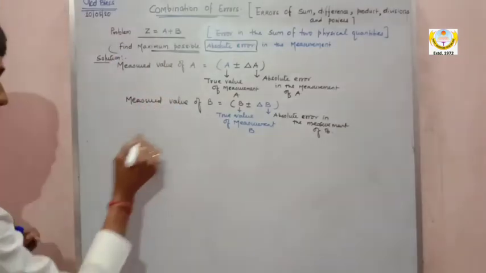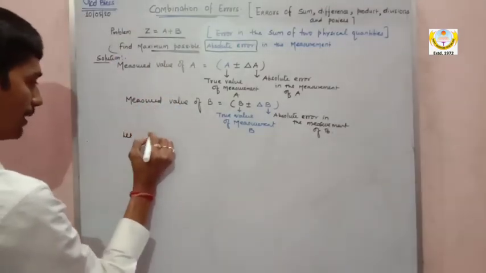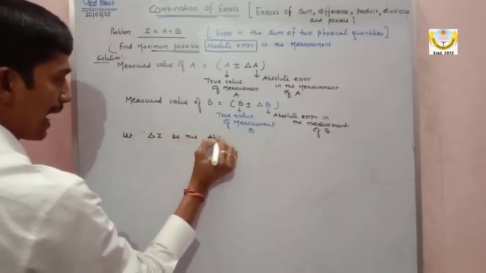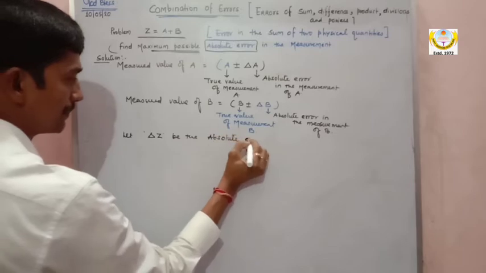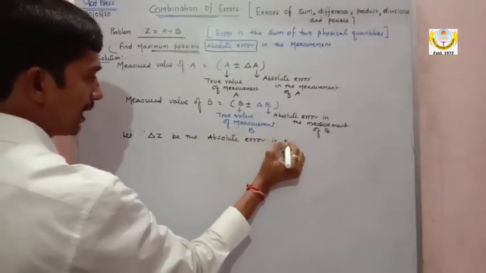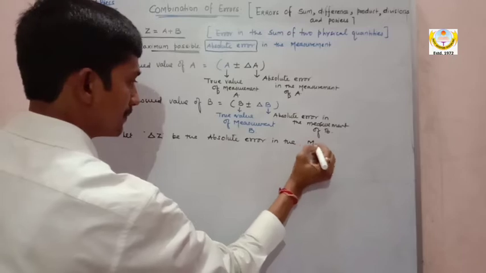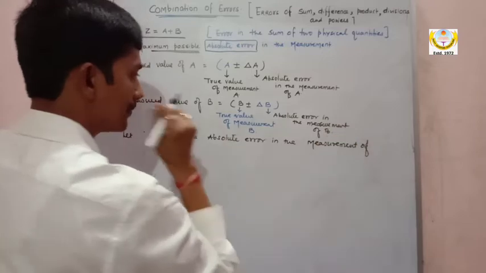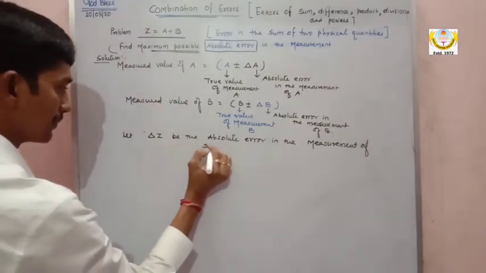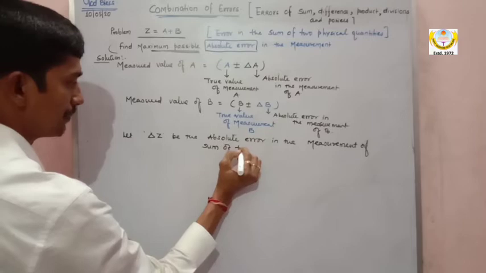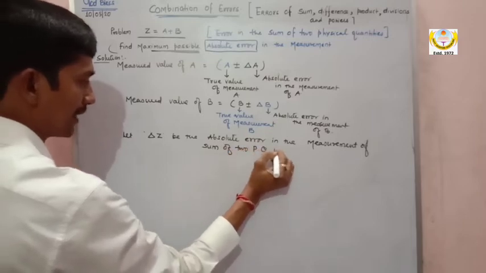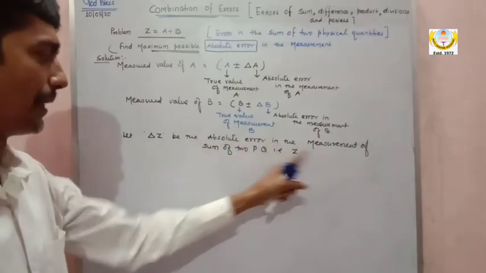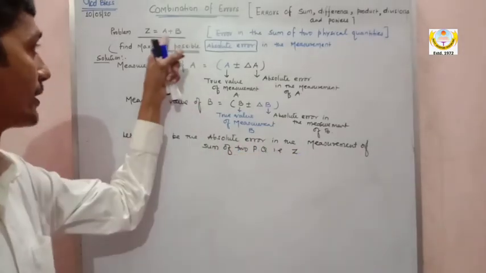Not only the total, but the maximum absolute error. So now, my dear, here I will take, let delta Z be the absolute error in the measurement of the sum of two physical quantities, that is Z. And what is the sum of two physical quantities?